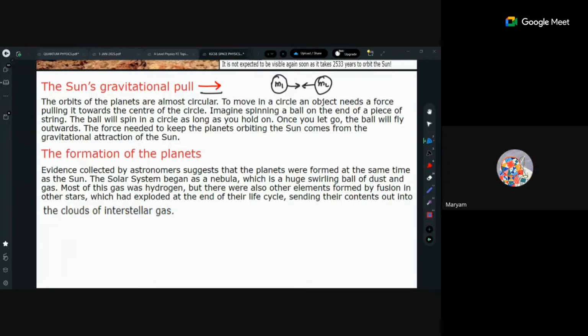So even with the gravitational pull? Sorry, can you repeat please? I was saying that the bodies, like, why aren't they attracted to each other even with the gravitational pull?